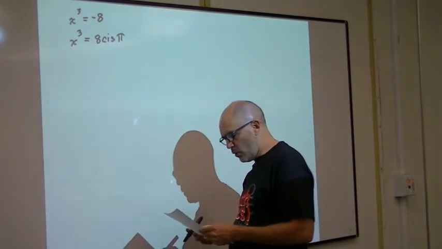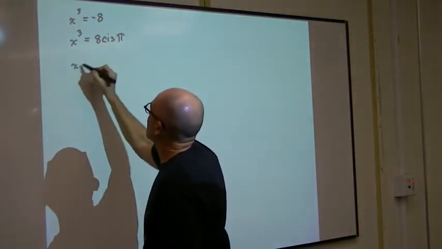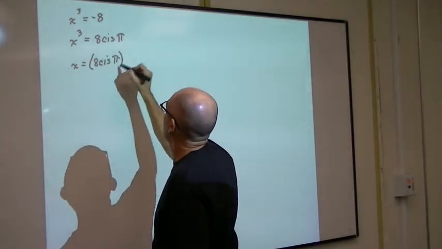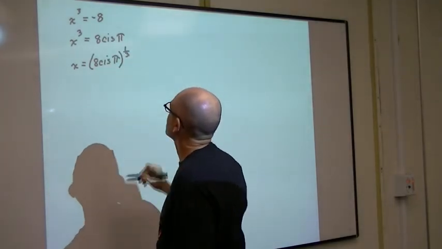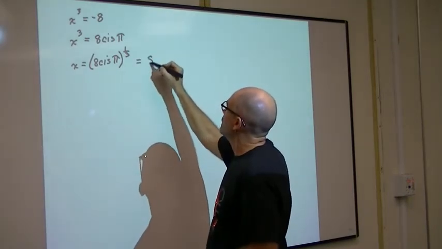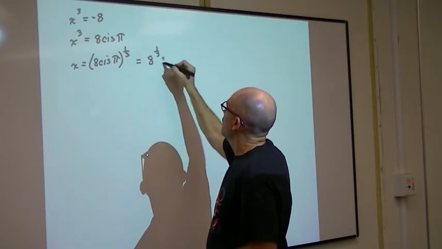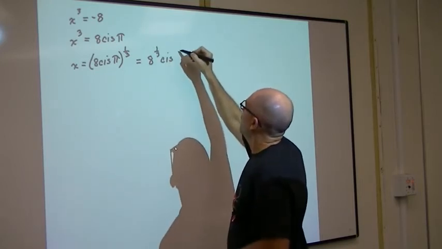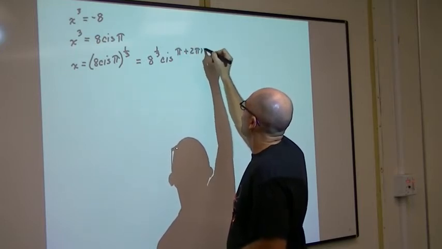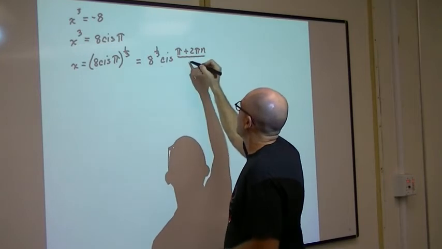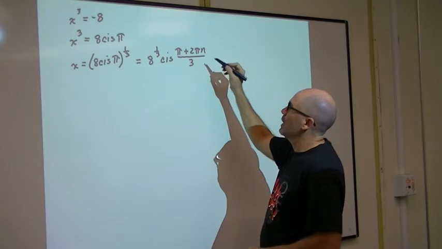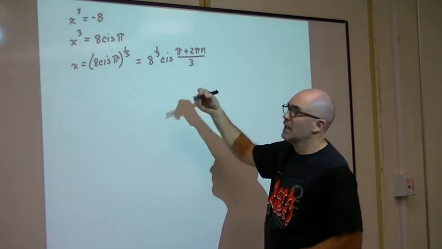Okay, so now we're going to go x equals 8 cis pi to the 1/3 power. So that equals 8 to the 1/3 cis theta, which is pi, plus 2 pi n over 3, where n is going to be 0, 1, 2, and of course if it gets to 3, it's going to repeat the 0.